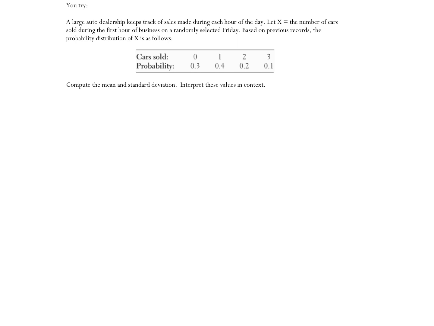So on any given Friday morning, 30% of the time this dealership is not going to sell any cars. 40% of the time they sell one car, et cetera. Everybody good? Okay, so if I want to find the mean of how many cars they actually sell, I'm going to say 0 times 0.3 plus 1 times 0.4 plus 2 times 0.2 plus 3 times 0.1.